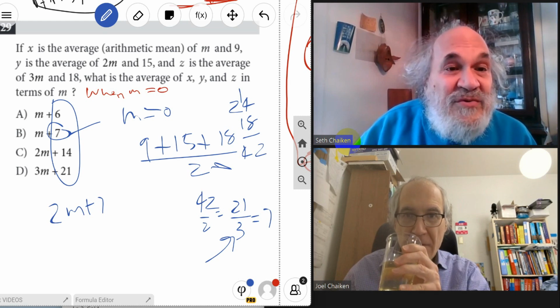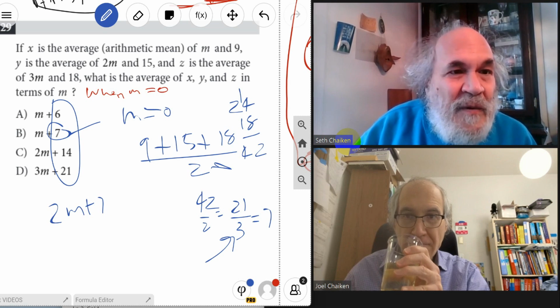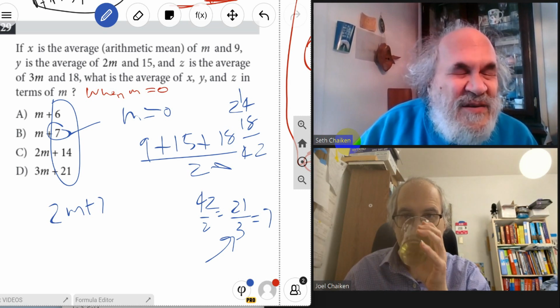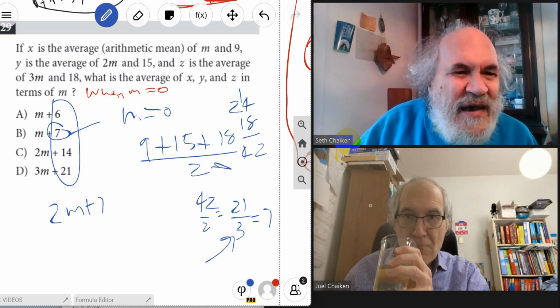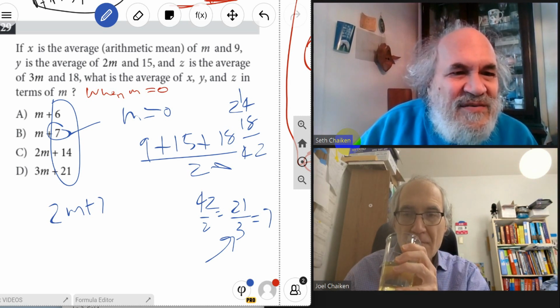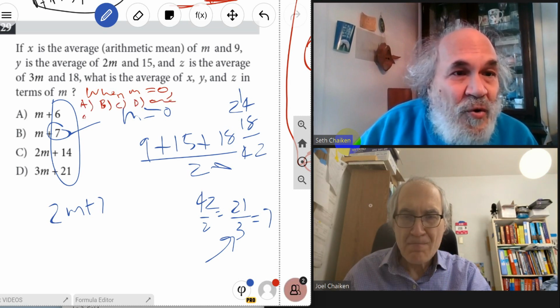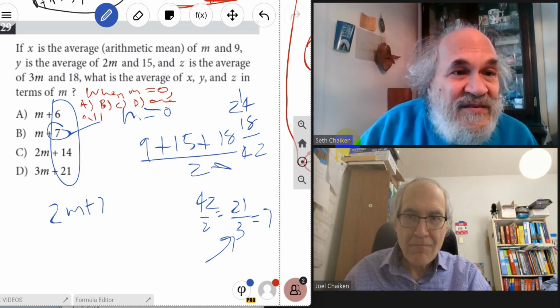When m equals 0, the choices A, B, C, and D are all distinct.